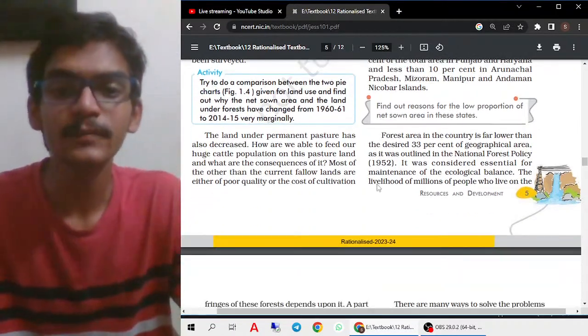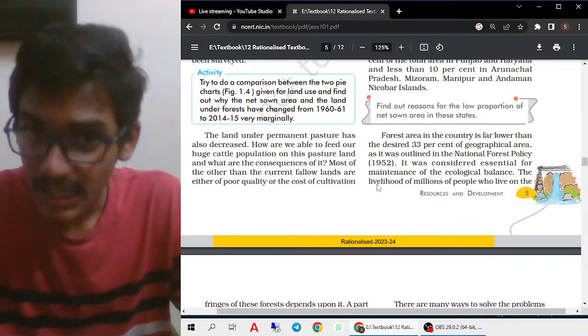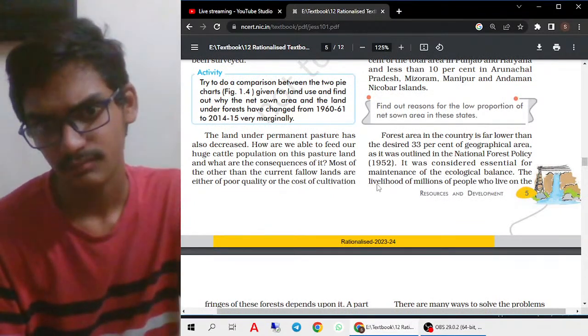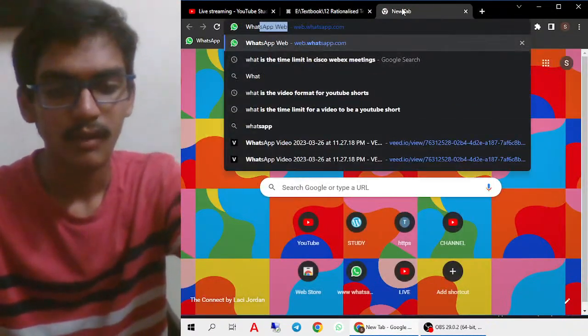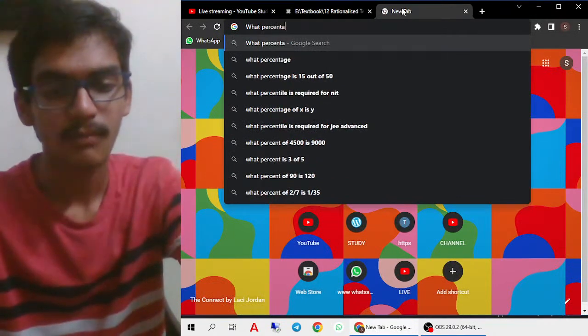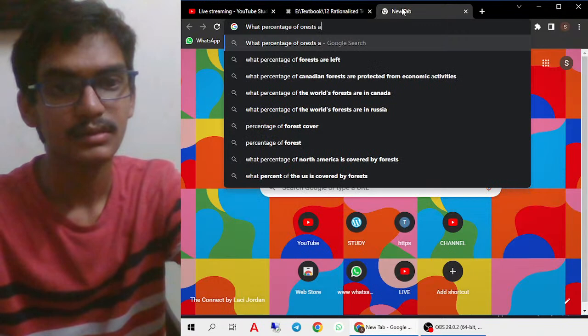According to the National Forest Policy, 33% of the entire country's land must be covered with forest. But how much do we actually have? Let us see the percentage of forests.